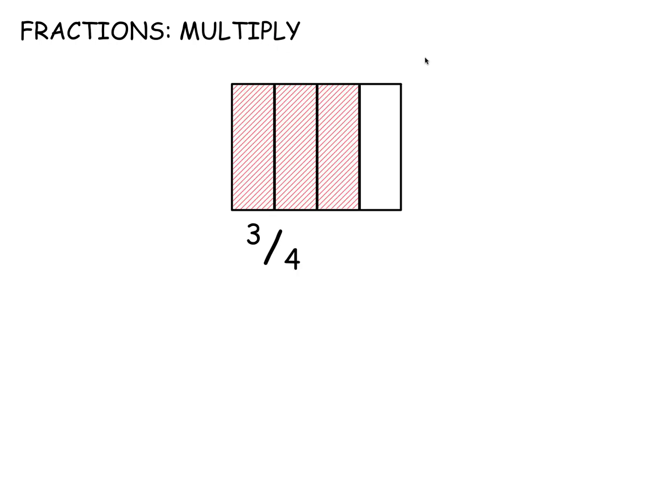This is multiply. So here, I have 3/4 of a rectangle shaded, 3 parts out of 4. Split it horizontally into thirds, so it's now in 12ths. And if you look at the shaded part, the original shaded part was 3 parts out of 4.